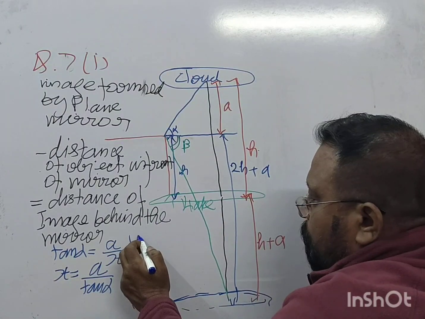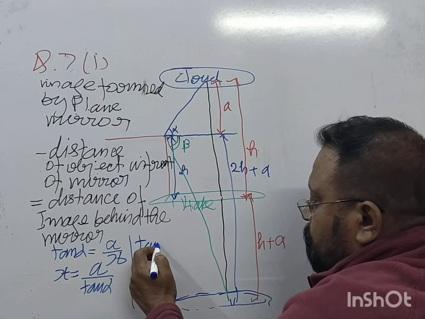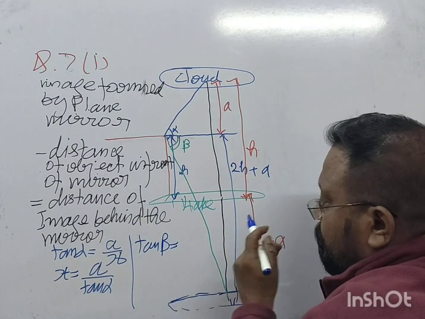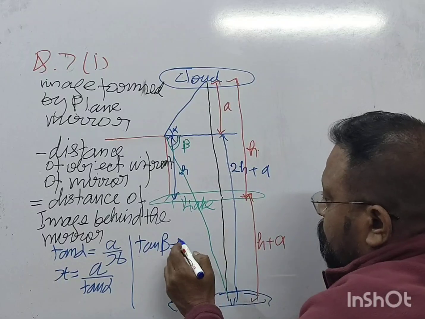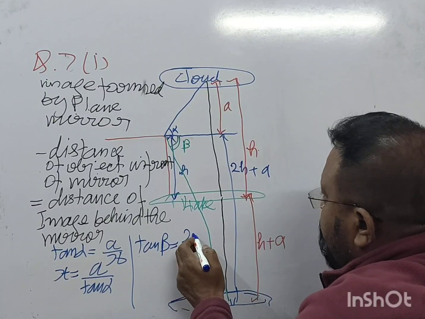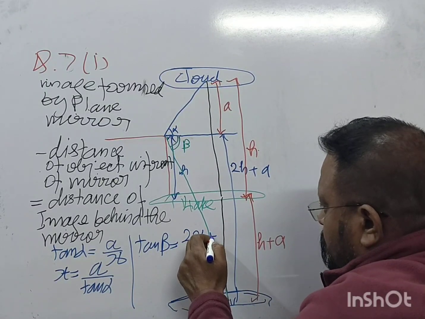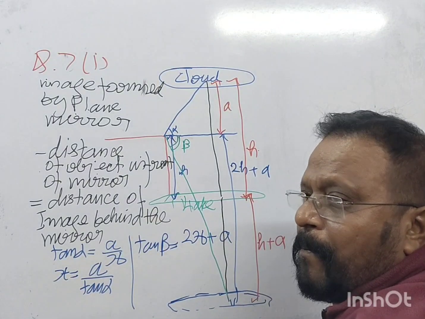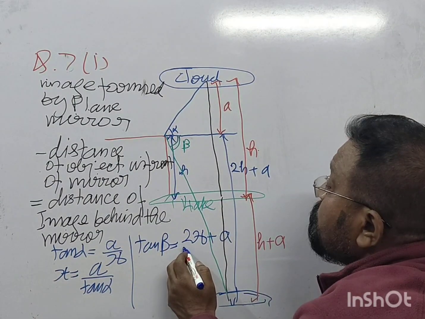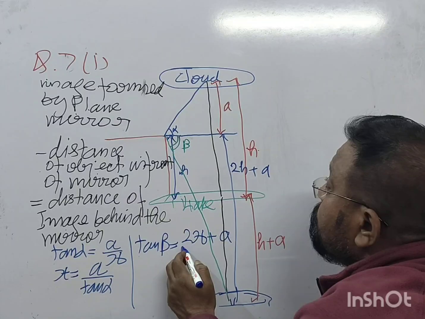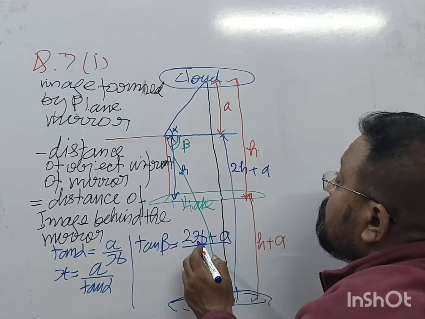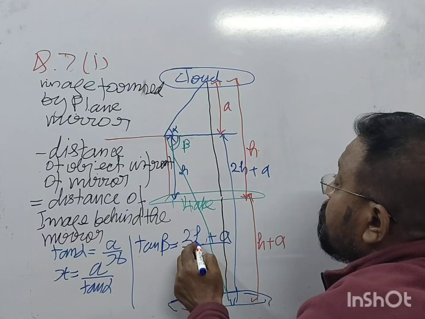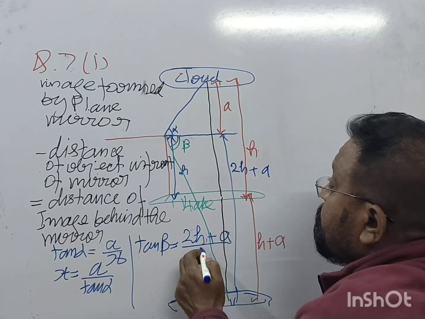Similarly, you go tan beta. So tan beta is equal to what? 2h plus A upon x.